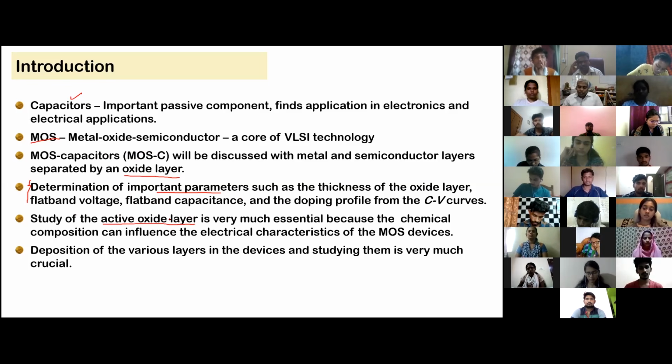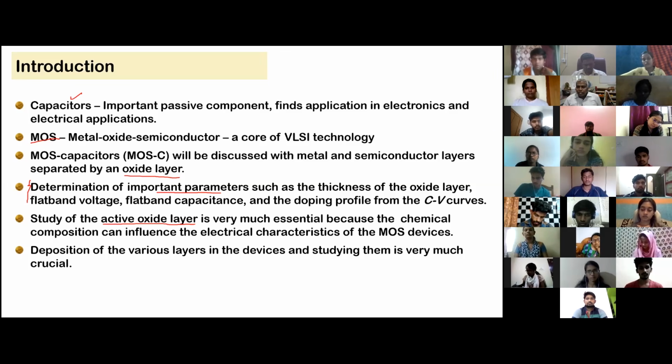So here, this oxide material is used as an active layer, which is a very important layer in the MOS device. That has to be studied, and it dictates the quality of working of this MOS capacitor. So we will be studying that a lot, okay?